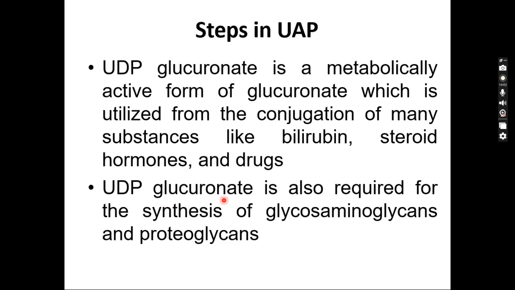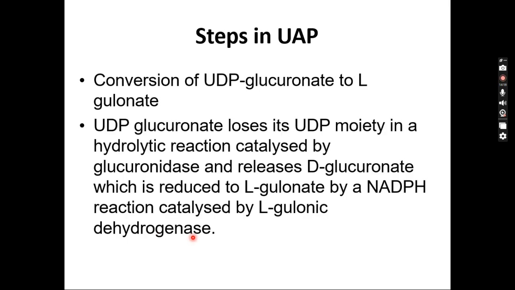So this is where the UDP glucuronate is also required, in the formation of glycosaminoglycans and also the proteoglycans. So we continue with the steps in this uronic acid pathway.